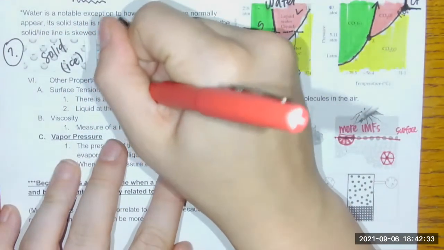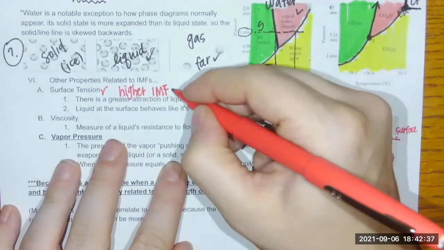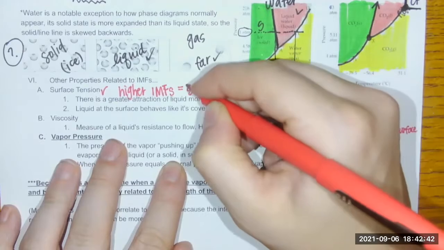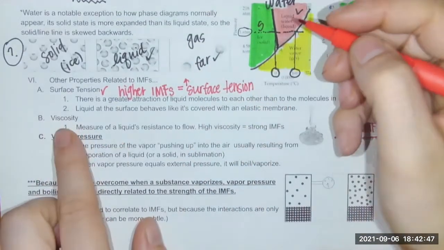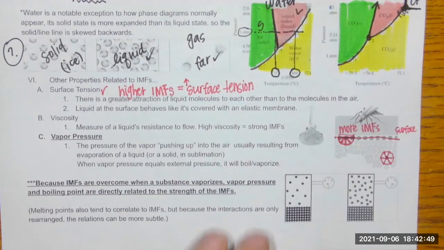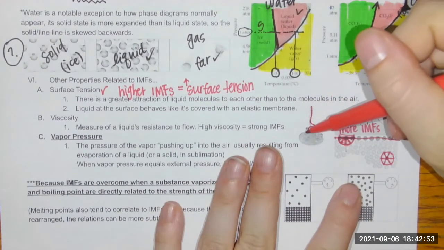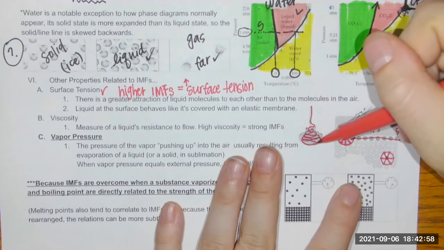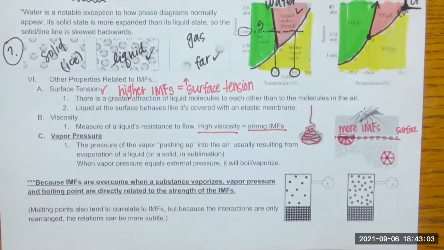If you have higher IMFs, then you've got higher surface tension. And viscosity is like honey. Honey is very viscous. When you try and pour honey in, it's so slow. The higher your viscosity, the stronger the IMFs are in that substance.